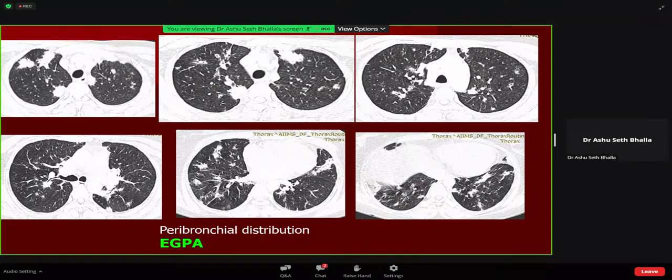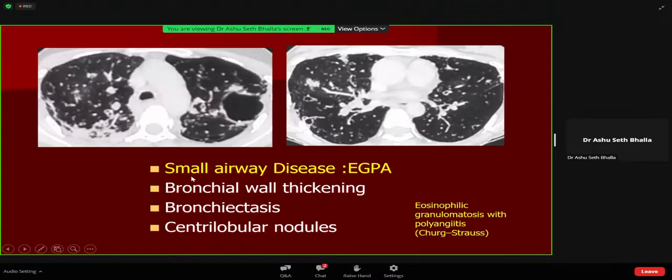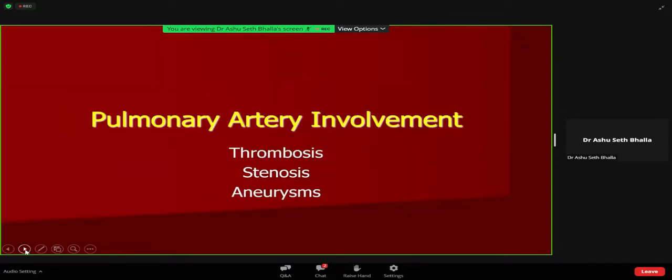It's not necessary that you will always get a characteristic finger-in-glove picture only, but a lot of centrilobular nodules with these larger areas of consolidation point towards a diagnosis of EGPA rather than an ABPA. So small airway disease is characteristic of EGPA. It's also a granulomatous inflammation, but eosinophils are the characteristic feature here.